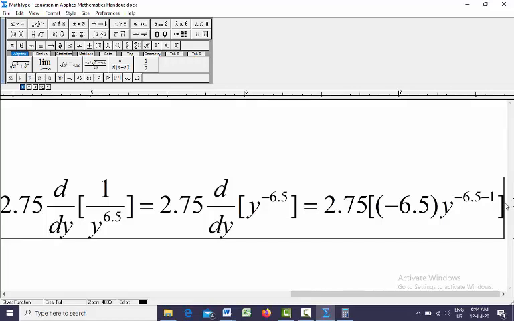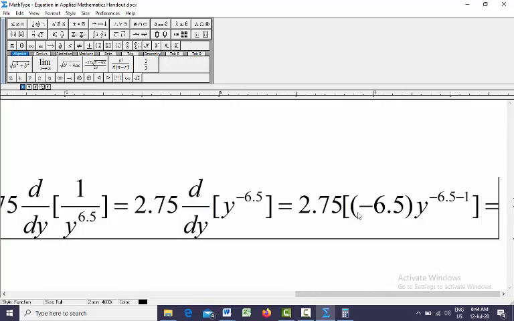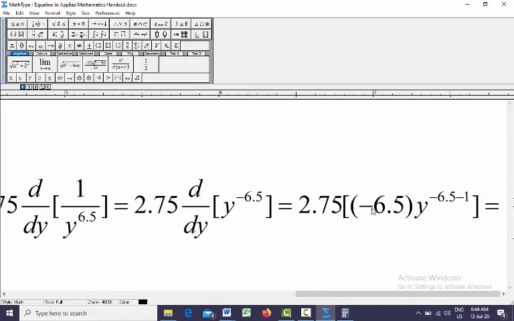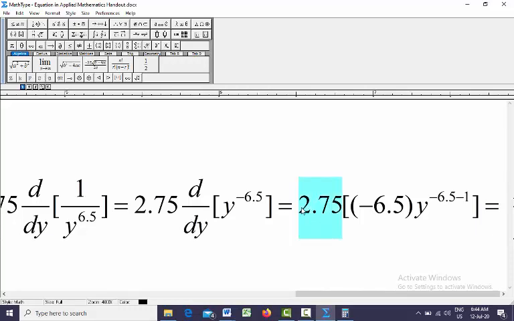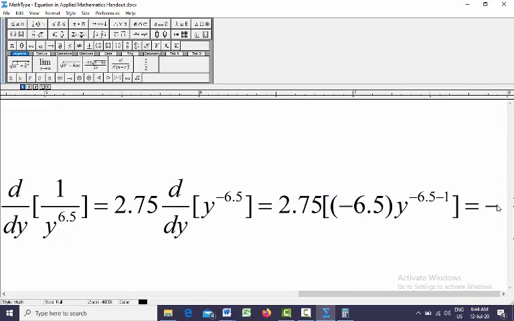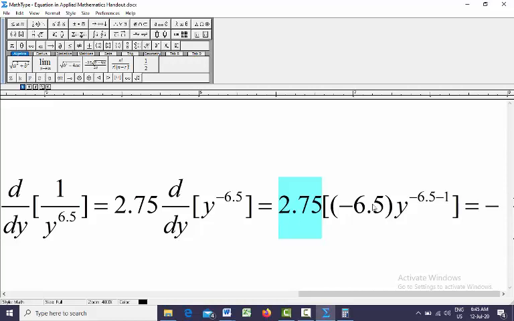Right. So now here this minus 6.5 is in multiplication with 2.75. So minus a plus a minus. So we need to put the minus first, and then 2.75 multiplied by 6.5.